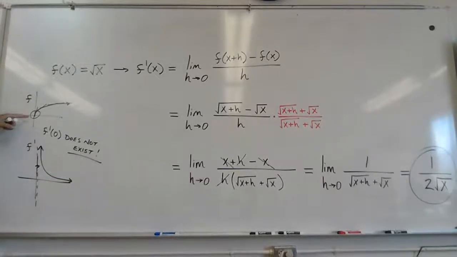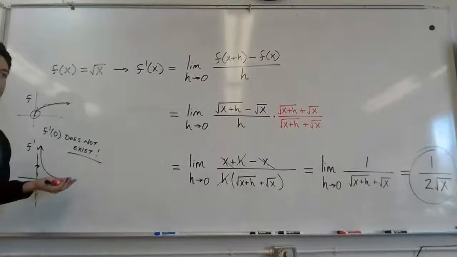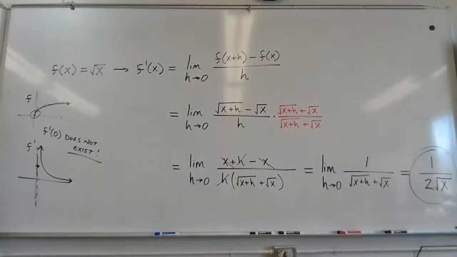So that question before of, is there a derivative there? No, there's no derivative there. And then moreover, what's the derivative at a really tiny x value? Well, it's going to be arbitrarily large. So if you want a slope of 10 billion on this curve, you can find it. Just find the right x value that produces 10 billion on here. It would be 1 over 20 billion squared, that would be the x value.